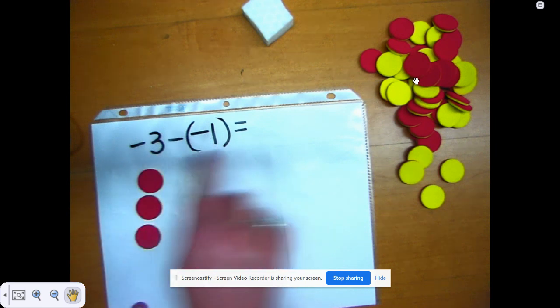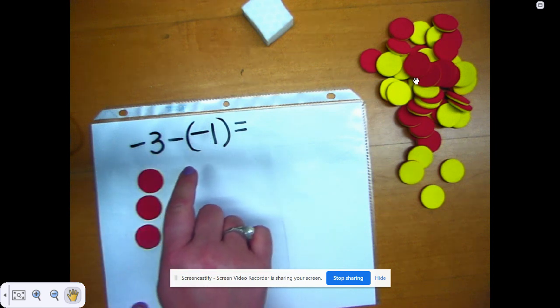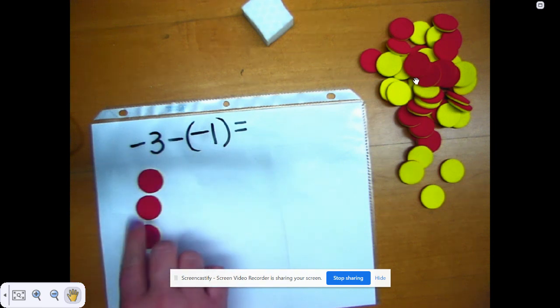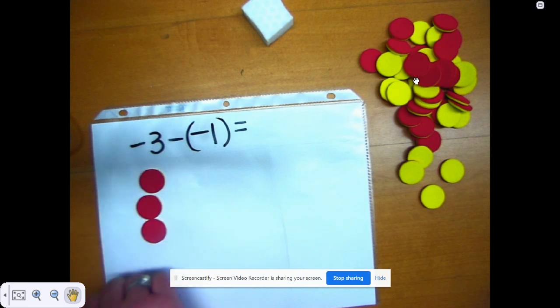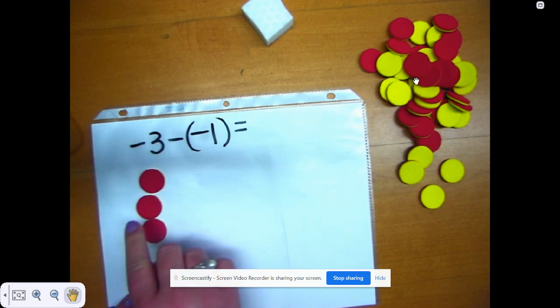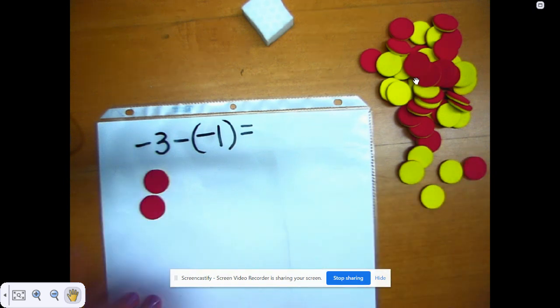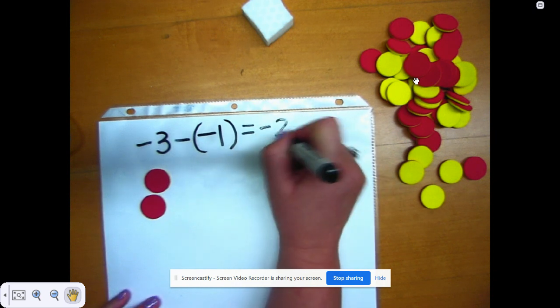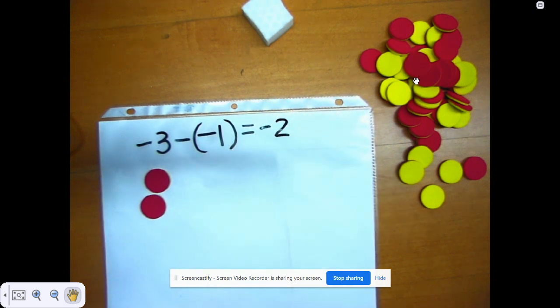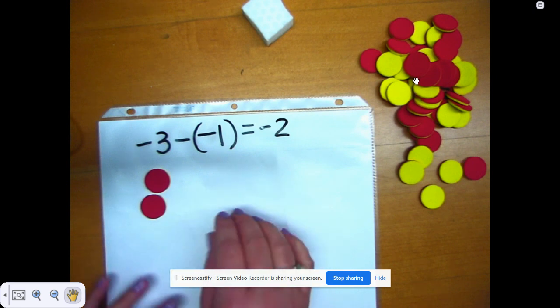So that looked kind of scary, but it really wasn't. Because I have 3 negative counters here, and I can take away 1 negative counter, and that leaves me with -2 as the answer. Well, that seemed kind of easy, right? It gets harder. So let's try another one.